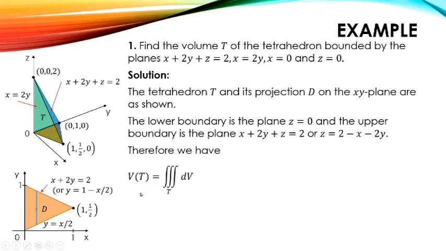Therefore, the volume of the tetrahedron is equal to the triple integral of dV evaluated on the solid region T. So it is the integral of dz dy dx, where z is from 0 up to 2 minus x minus 2y, and y is from x over 2 up to 1 minus x over 2, and x is from 0 to 1.